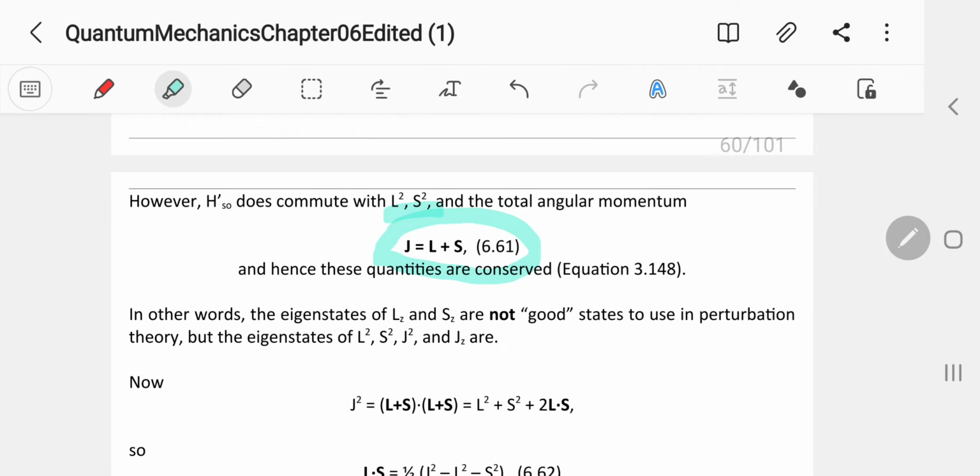So in this case, you will have to use L square, S square, J square, and JZ, because they're the good eigenstates for this problem. So you will not use now LZ and SZ, because they are not good states to use in this perturbation theory.